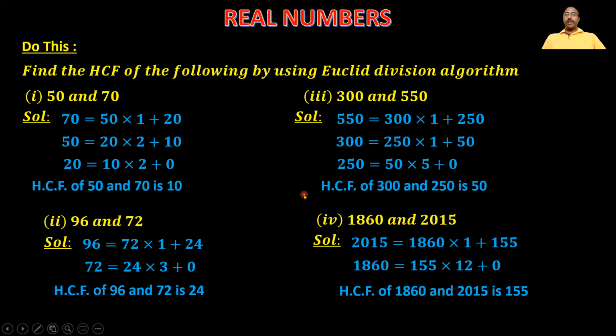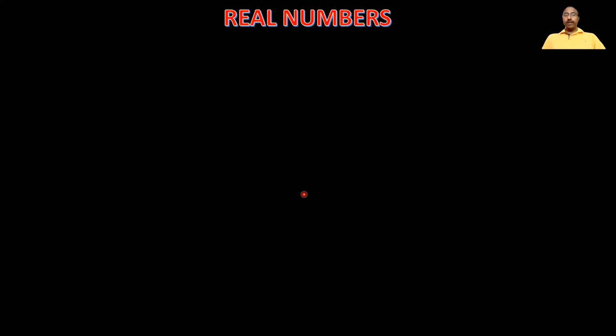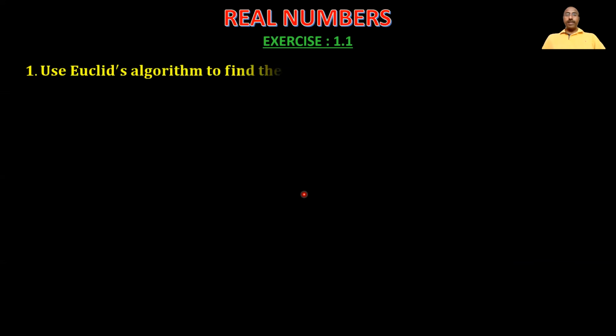So let us start Exercise 1.1. In this exercise, the first problem is: use Euclid's algorithm to find the HCF of, first one, 900 and 270. So we know 900 is dividend and 270 is divisor. 270 divides 900 3 times and 90 will be the remainder.